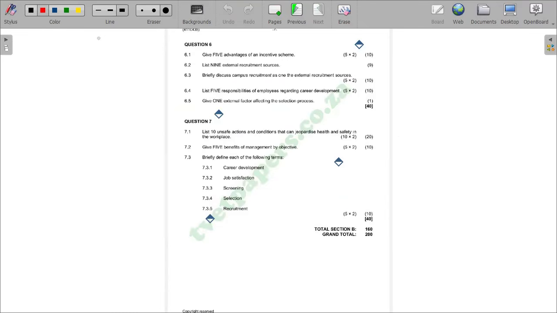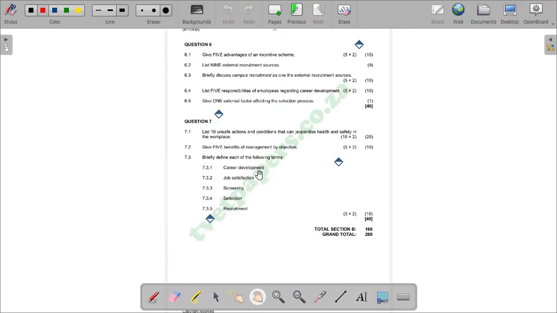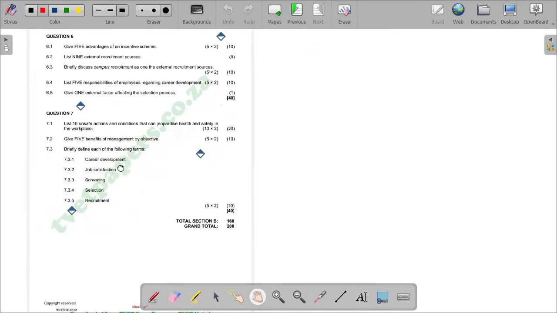Let's go to question 6. Give 5 advantages of an incentive scheme. What are the advantages of giving an incentive scheme?